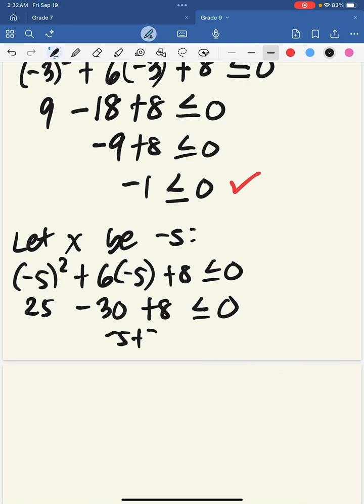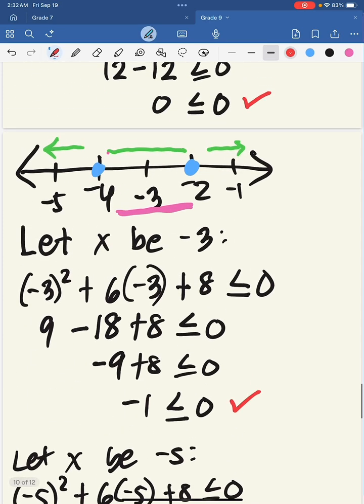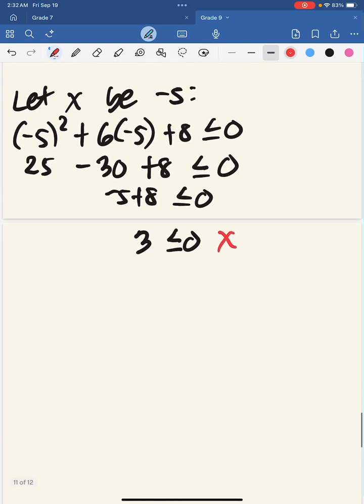Negative 5 plus 8 is 3, which is less than or equal to 0. However, this is not true, which means the numbers before negative 4, which are the numbers negative 4.1 going to negative infinity, are wrong. Same thing with the numbers after negative 2.